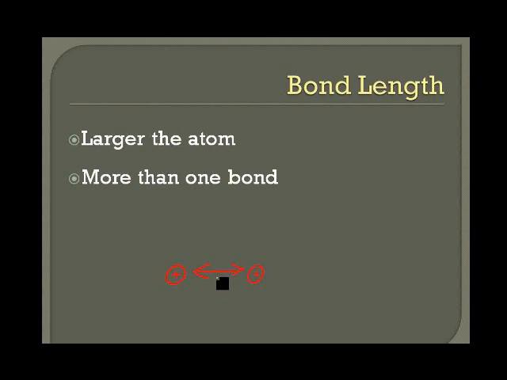The bigger the atom, the farther away it's going to want to be, and the larger the atom, the more energy levels it has, as with atomic radius. If we have more than one bond, such as a double or a triple bond, it's going to be a shorter bond length.